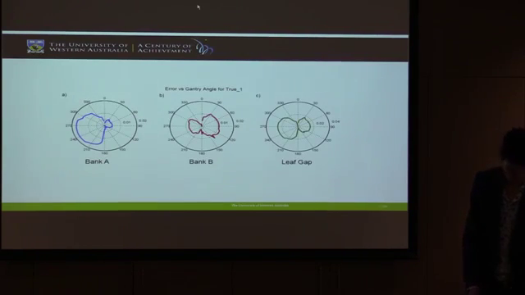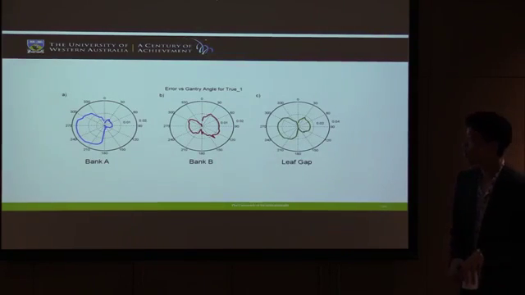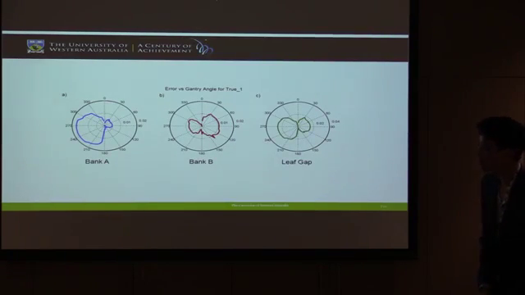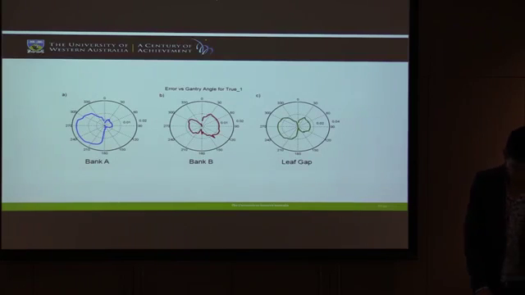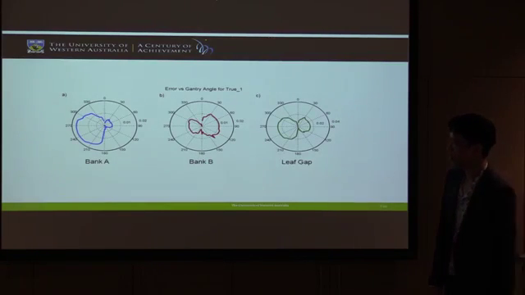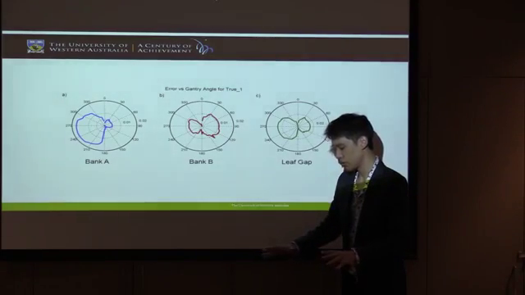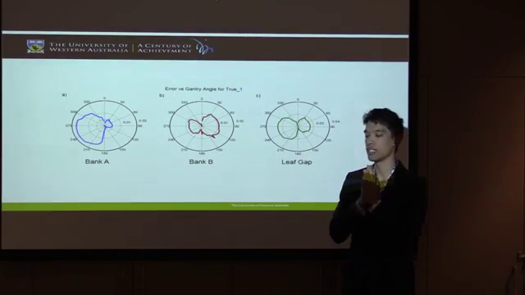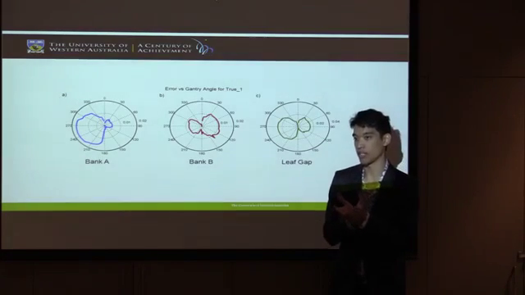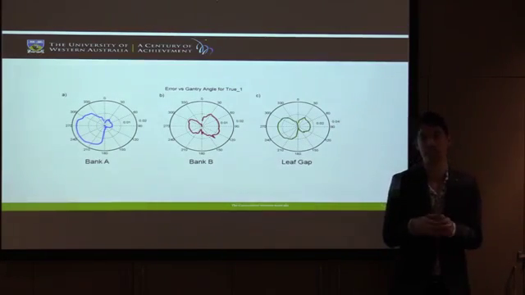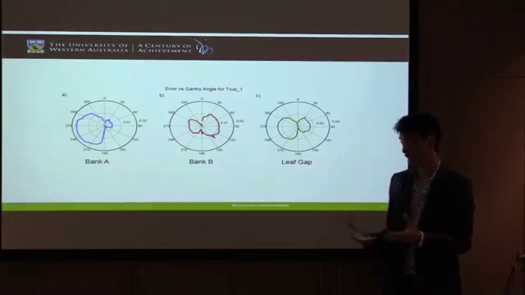So, this one here is some VMAT treatments, this is picket fence treatments delivered on a TrueBeam machine. So what I've done is I've taken the picket fence treatments and assigned each positional error of the leaves to the gantry angle that they were delivered at.